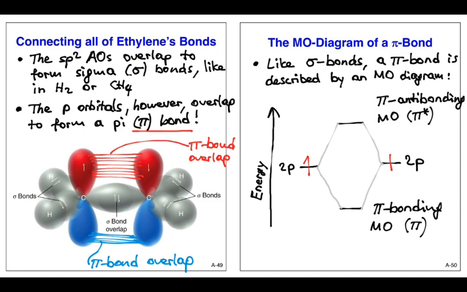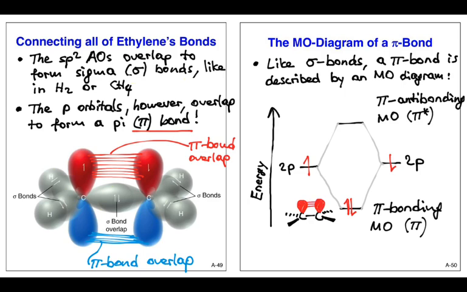If you fill up the bonding one with electrons, that gives you a stable bond that strengthens the bond. If you fill up the anti-bonding orbital, it breaks the bond. So you see here we have two electrons, one coming from each p orbital, and we only fill up the bonding pi orbital with those two electrons. We leave the anti-bonding one empty, and so that's why we get a stable pi bond.